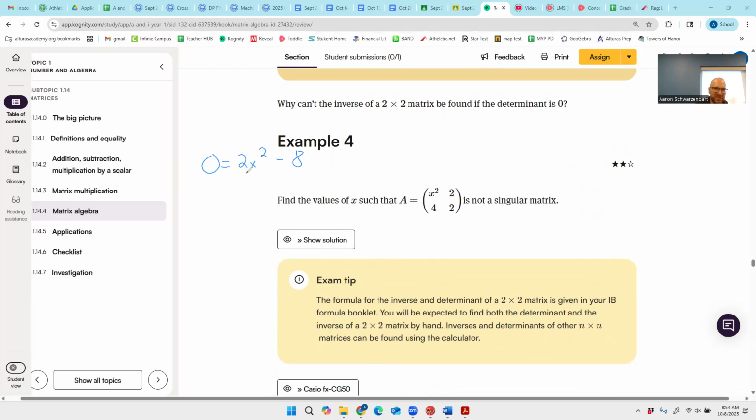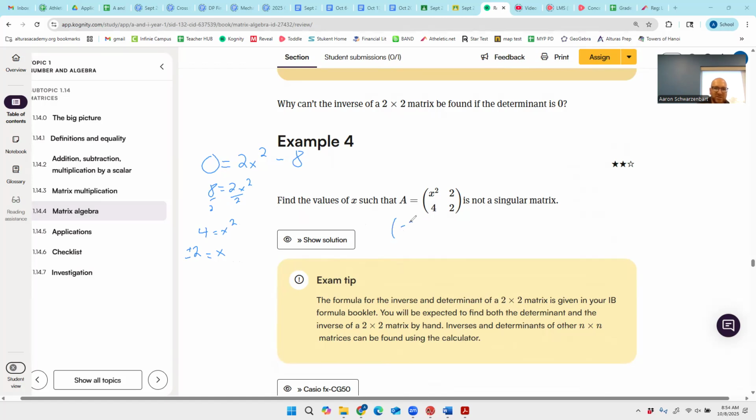So I'm going to find when it is equal to 0. Everywhere else it's not. So 8 equals 2x squared. I'll divide by 2. 4 equals x squared. X equals plus or minus 2.